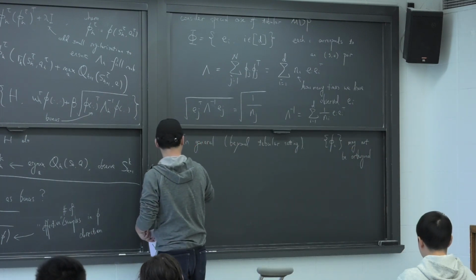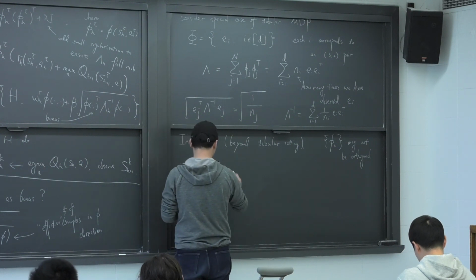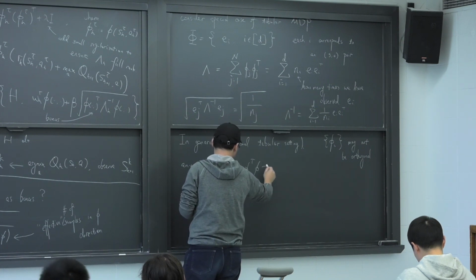So for any previous observation, phi_i transpose phi is not equal to 0.